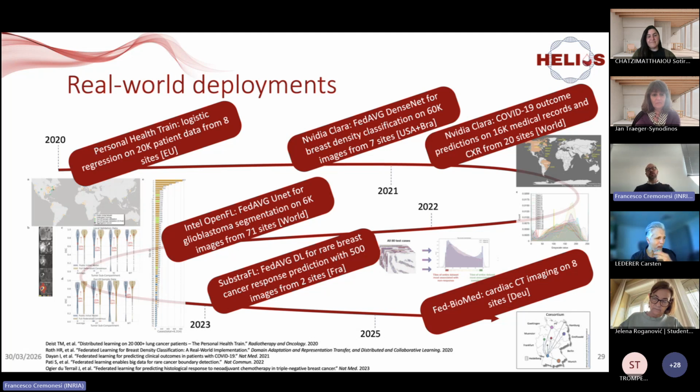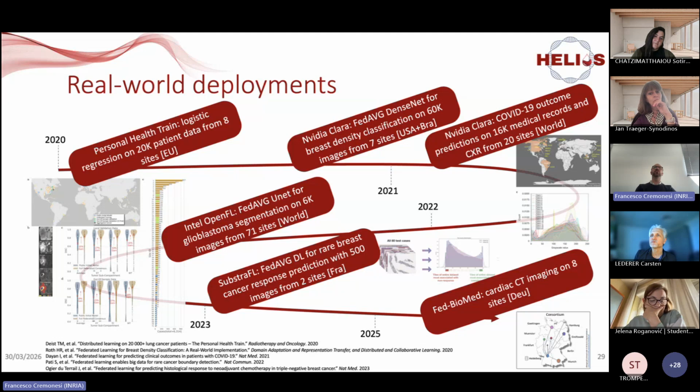There's a long history of very flashy deployments that have been done since 2020. Especially in the beginning, a lot of industrial actors were eager to show that they were able to do federated learning. So we had NVIDIA, we had Intel, a French US company called Substra, and they all showed these very interesting deployments.